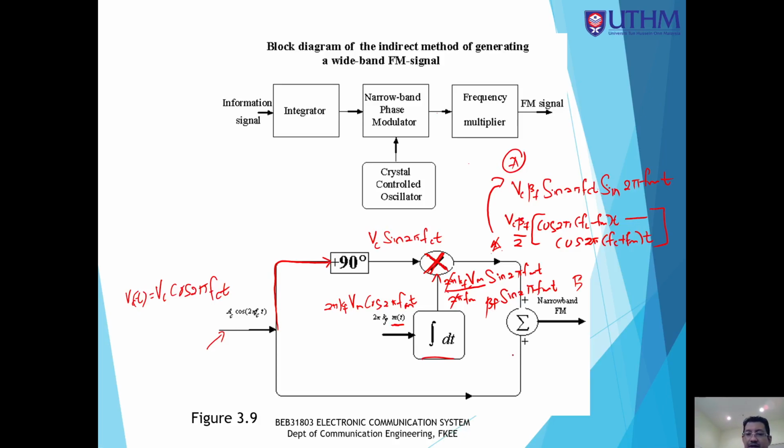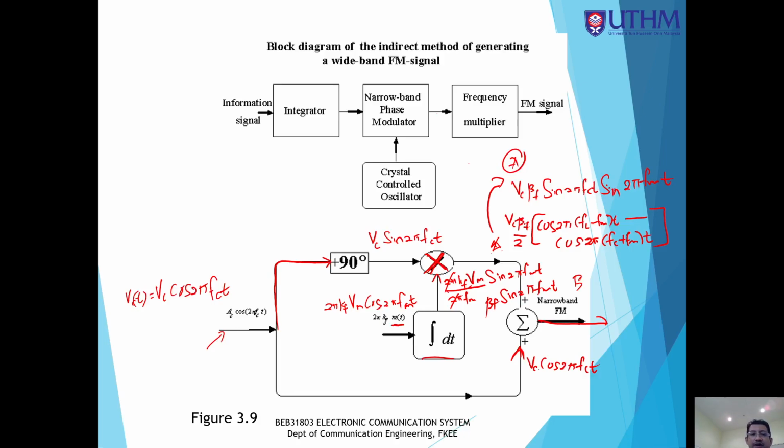What happened here is that at this point you will add the input, which is Vc cos 2 pi fct. So both the input plus the output at point A give us the narrowband. Remember, narrowband FM produces a signal similar to AM; it is similar to double sideband full carrier.